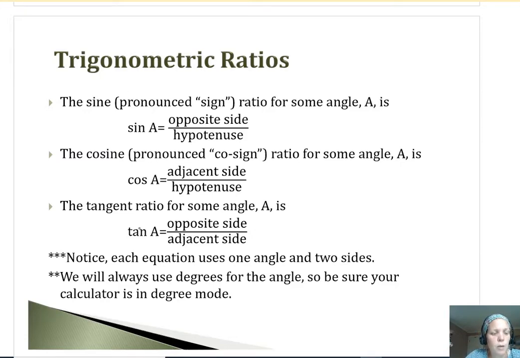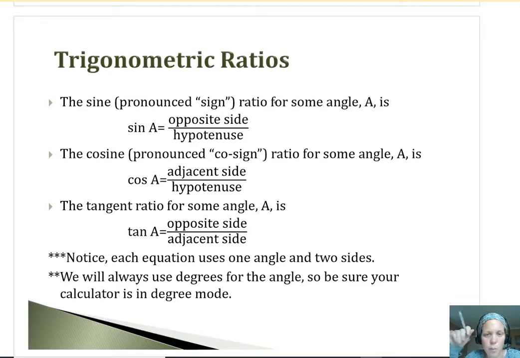There are three main trigonometry ratios. They're pronounced sine, cosine, and tangent. Abbreviated, it's just SIN for sine, COS for cosine, TAN for tangent. What they are is the ratio of two sides of a right triangle.